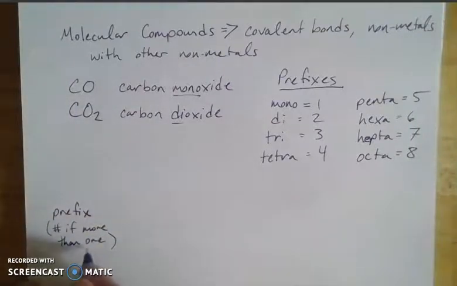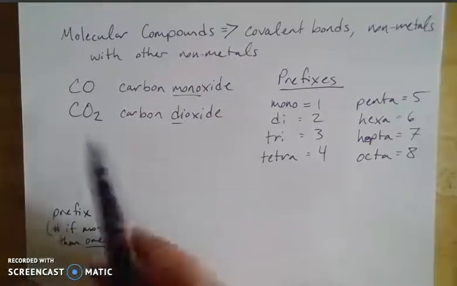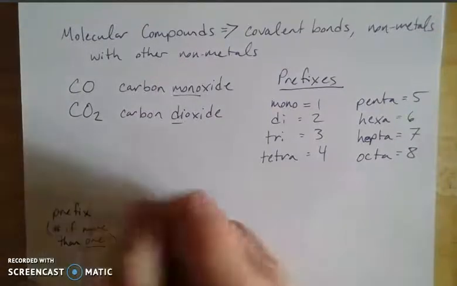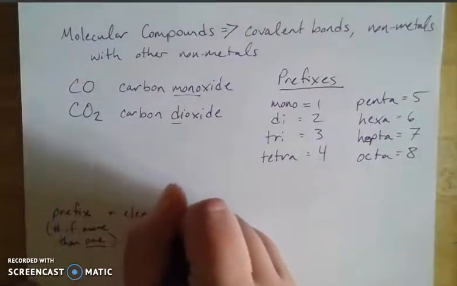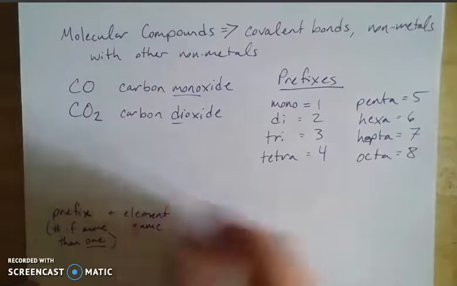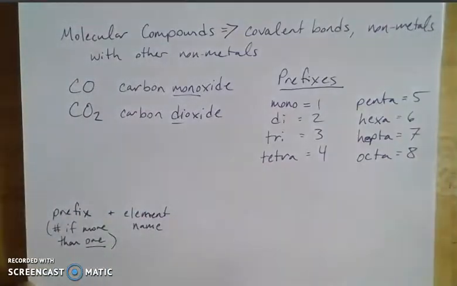So if it's more than 1, then I have to have a prefix, di and above, to tell you how many of the first element there are. Then that's just the element name. It's a nonmetal, so I just want the element name. And again, no prefix required if there's 1, so just carbon.